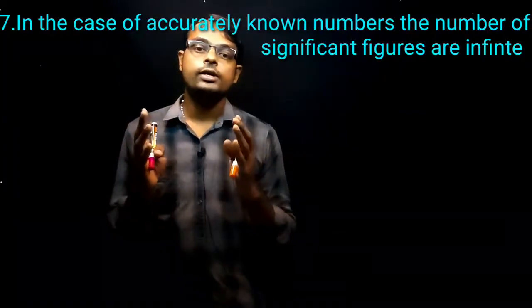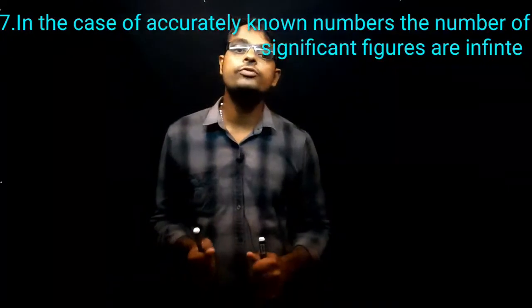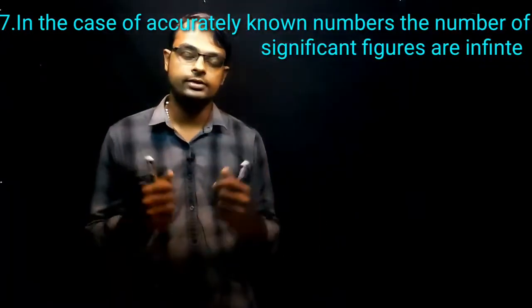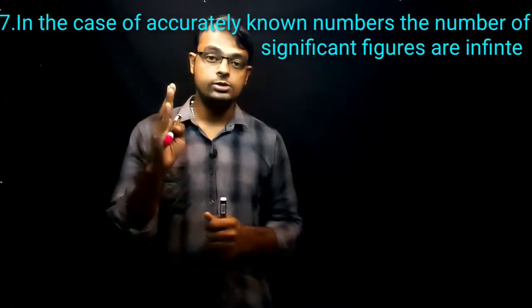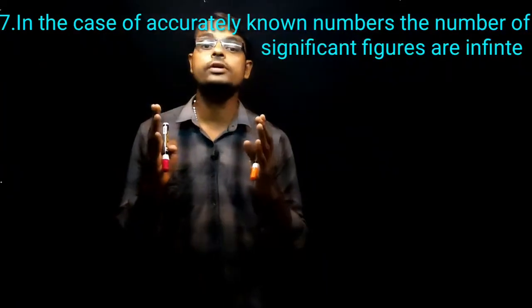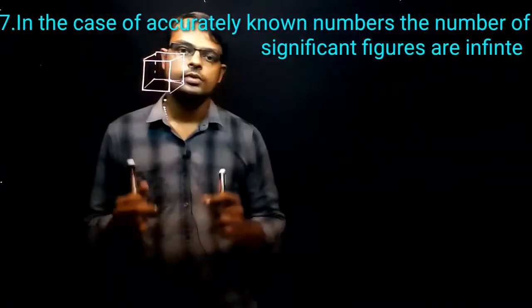In the case of an accurately known number, the number of significant figures is infinite. Let's give one example here. If someone is asking, how many sides are there for a cube?